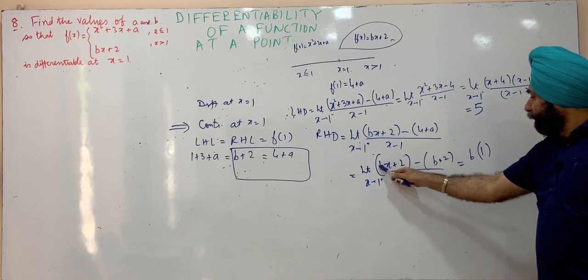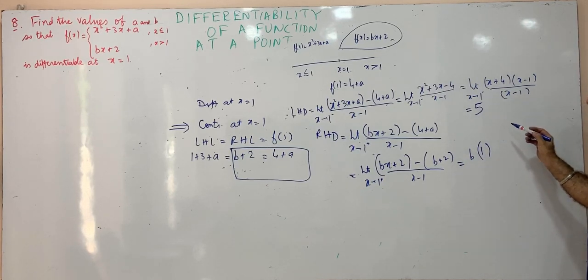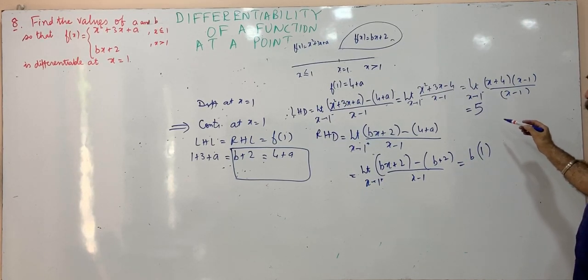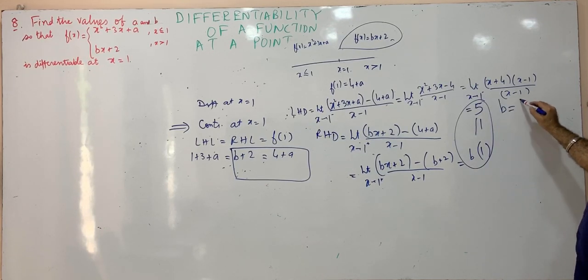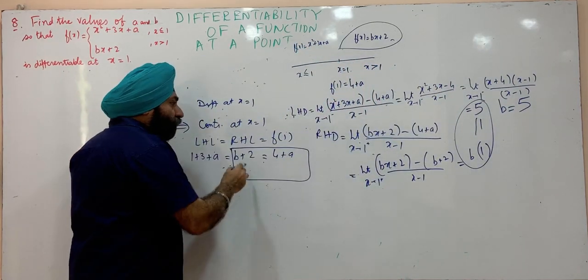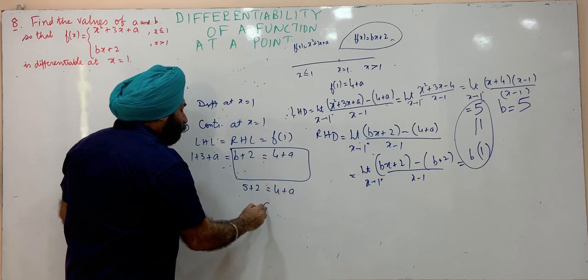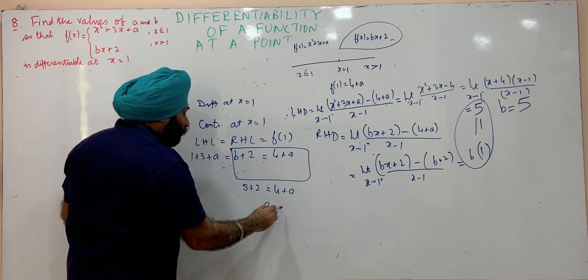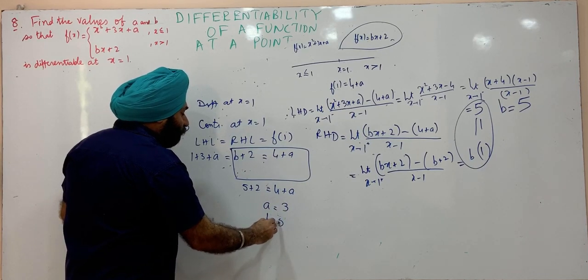So what do we get? The function is differentiable, means left hand derivative and right hand derivative are equal. That's b is 5. To find out value of a, we put b is equal to 5 here, and this gives us a equals to 5 plus 2, 7, minus 4, a is 3. So b is 5. This is the answer.